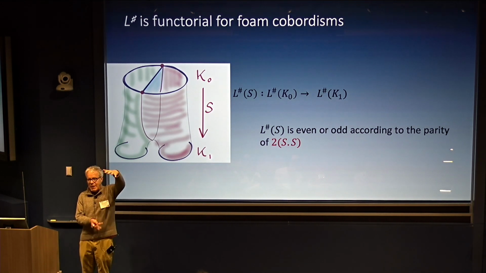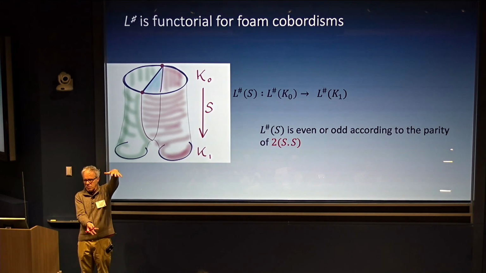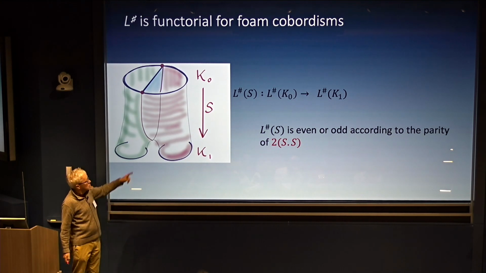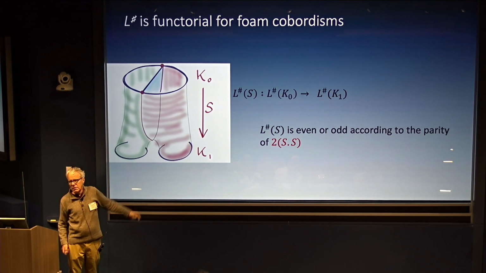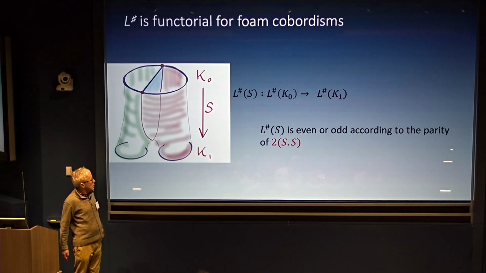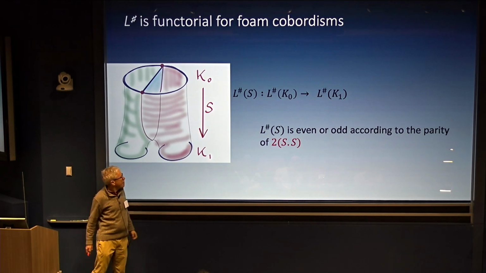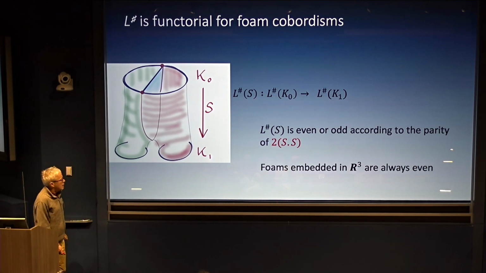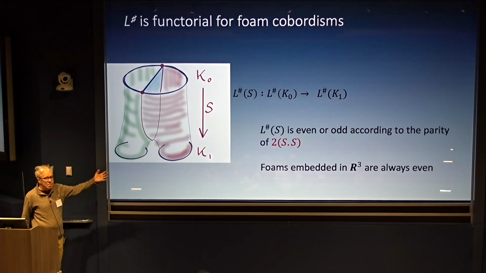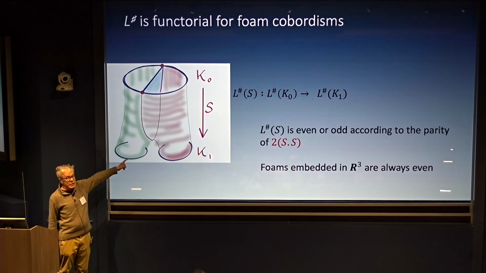So twice S dot S is an integer, but maybe even or odd. Also, when something has boundary and you're trying to compute its self-intersection number, you need something like a framing on the boundary. And that's what the binary framing of the web does. It's just a little bit of binary data, which is enough to determine what twice S dot S is mod 2. Turns out that if the foam is embedded in 3 space, it's always even.